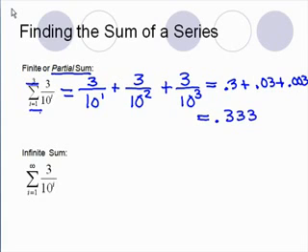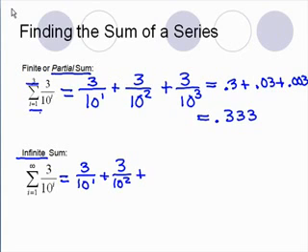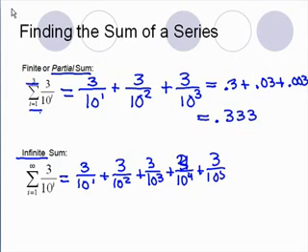Next, let's take a look at an infinite sum. So we're going to do 3 over 10 to the first plus 3 over 10 squared. And what's going to happen here is you're going to see a pattern develop. Oops, that should be 3 over 10 to the fourth. Okay.